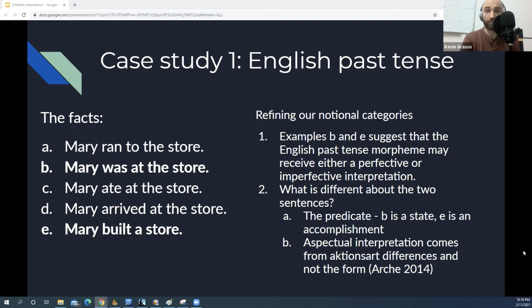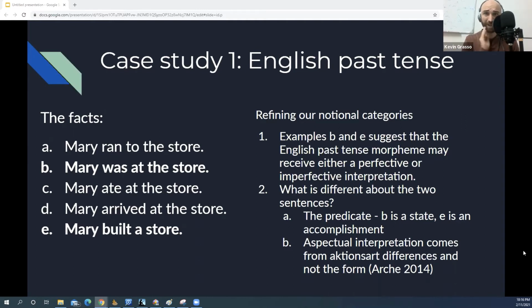This is the crucial point. So it's not the verb form, it's not the past tense in English that's determining how we are interpreting these sentences, because the past tense is the same throughout, right? What's changing is the actionsart, whether it's a state, whether it's an accomplishment, et cetera. So the predicate in B is a state and in E is an accomplishment.